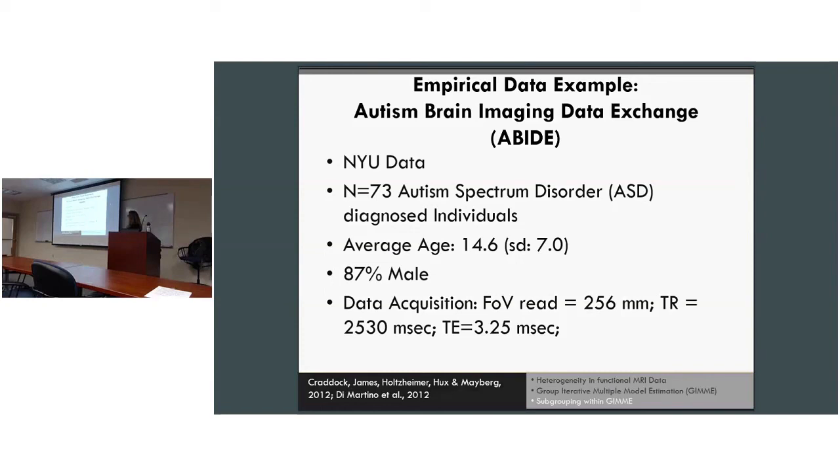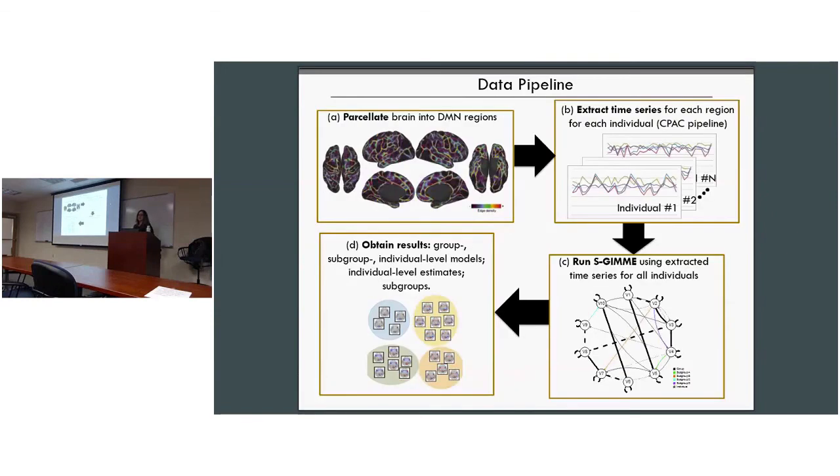This is publicly available data that John Ritchie at Virginia Tech processed for the purpose of the present analyses. This is our data pipeline. We first parcellate the brain into default mode network regions. We extract a time series for each region, for each individual. ABIDE has multiple pipelines where they have already preprocessed the data, and we are using the CPAC one.